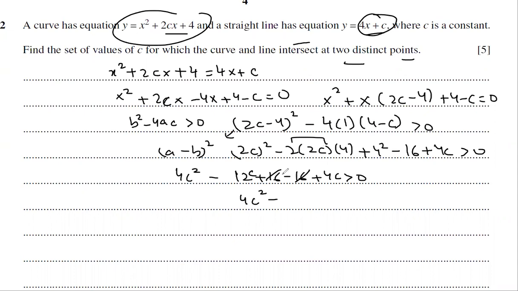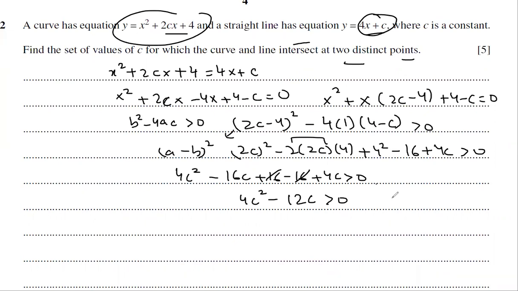This is coming, sorry, minus 16c, and this one is correct. Minus 16c plus 4c is becoming minus 4c greater than 0. Okay, so the roots are c.